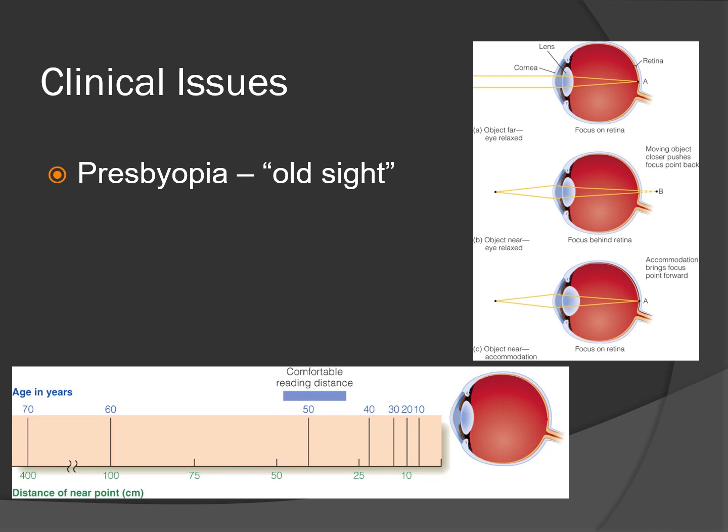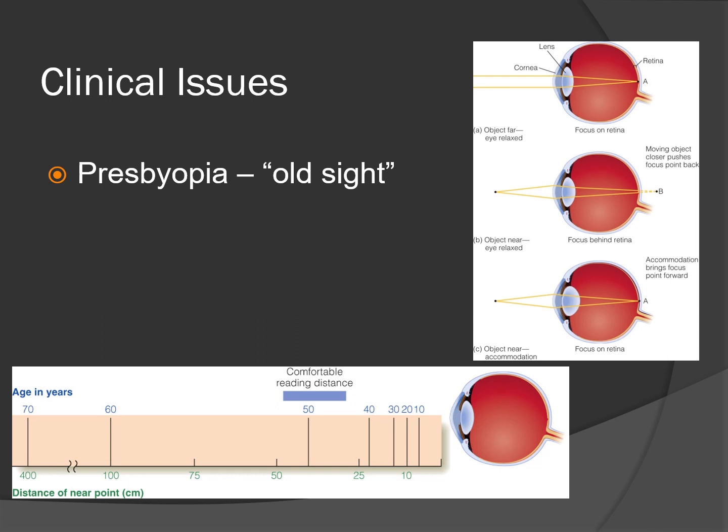As our vision gets older, getting the lens to be fat the way we need it to be becomes a little bit harder to do, and the ciliary muscles are weakening, and so we are going to have presbyopia as we age.